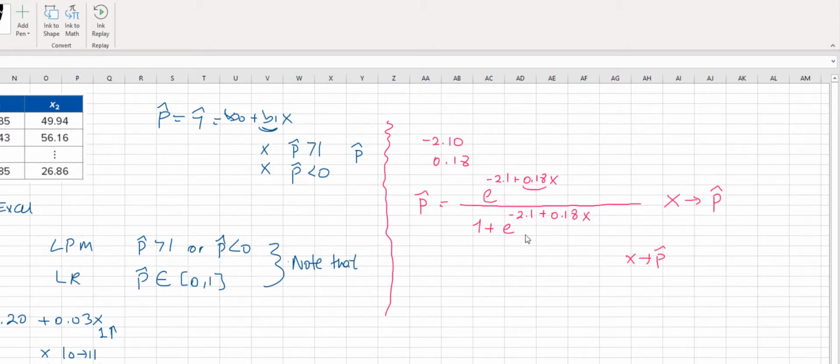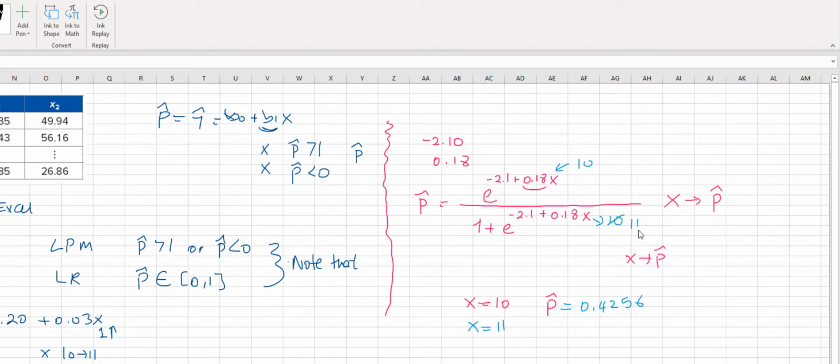For instance, if x is equal to 10, we can calculate p-hat. How are we going to calculate p-hat? We are going to plug in 10 instead of x, and if we do this calculation, you are going to find that p-hat is 0.4256. And when x is equal to 11, we can do the same thing.